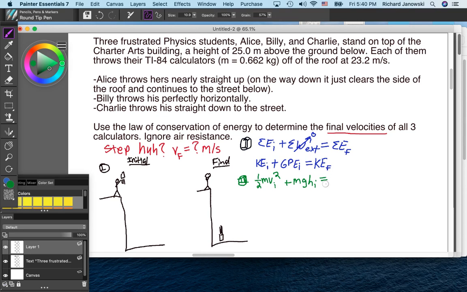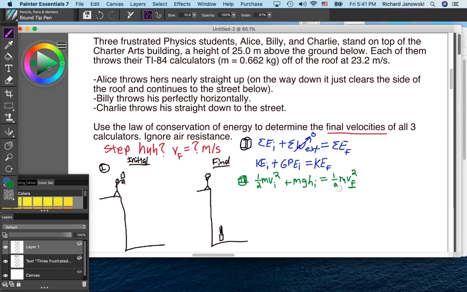And on the right side, KE final is going to be 1/2 m v final squared. The thing we're looking for is final velocity, so we're trying to get this guy right here by himself. So we've got to do the algebra.